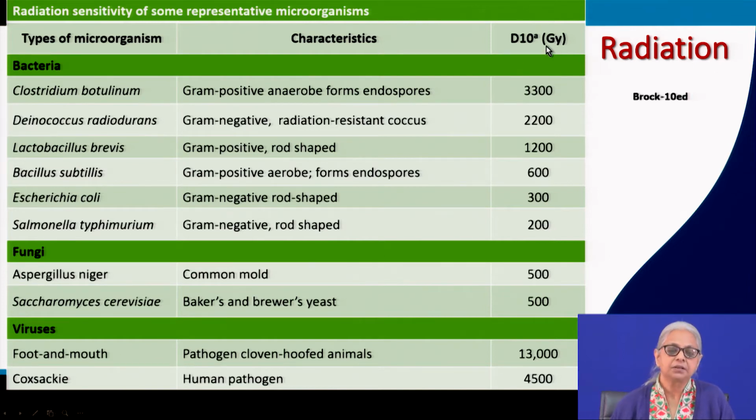D10 is again the decimal reduction, or 1 log reduction in the population of these particular bacterial species, in terms of grays. So how many grays does it take to get 1 log reduction? You can see that the endospores are much more resistant compared to the vegetative cells.